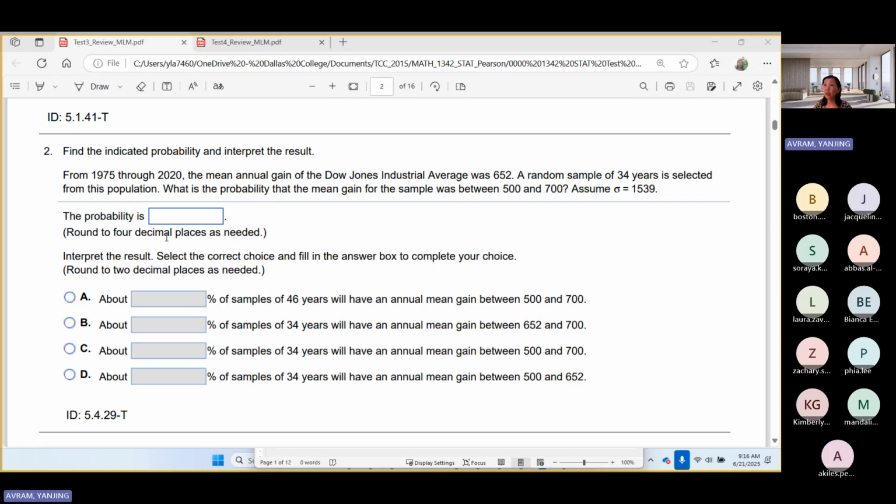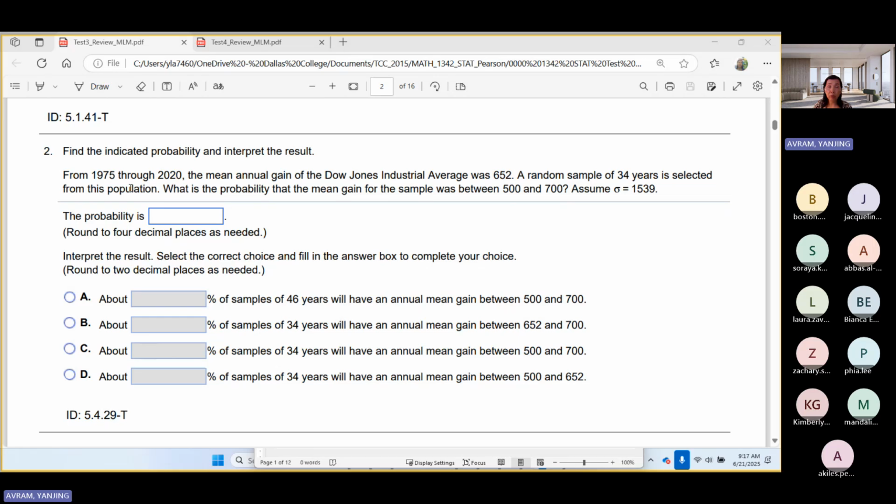The probability is to 4 decimal places, and you want to interpret the result by selecting the correct choice to complete the answer. About how many percent of the samples of 34 years have an annual gain between 500 and 700? With a radio button, only one choice is correct.